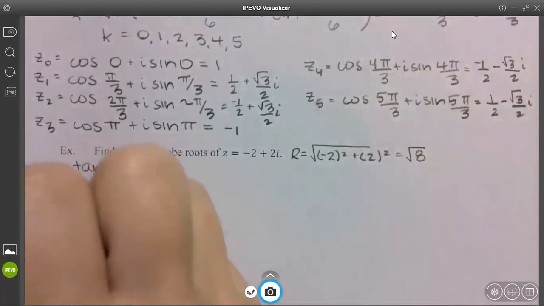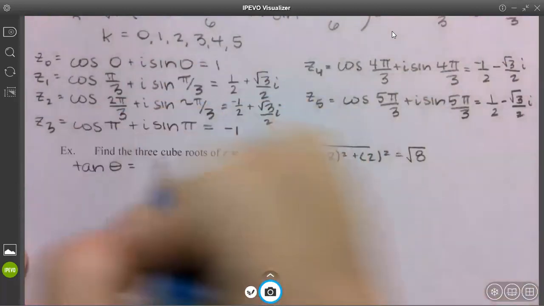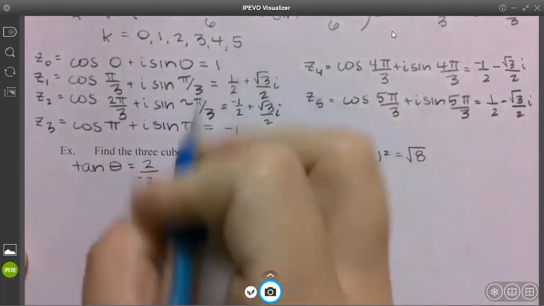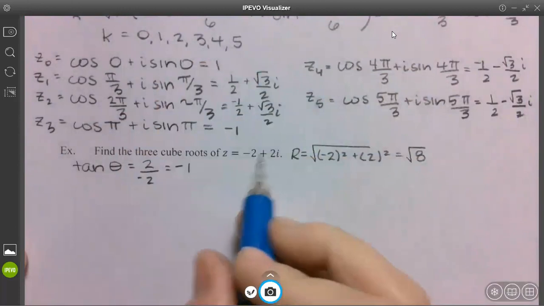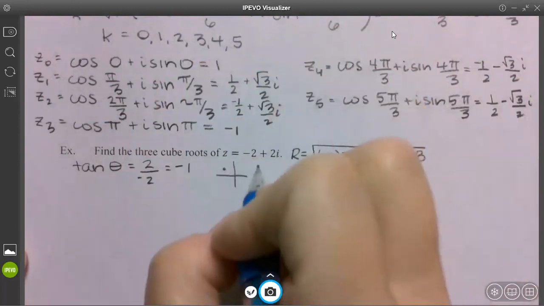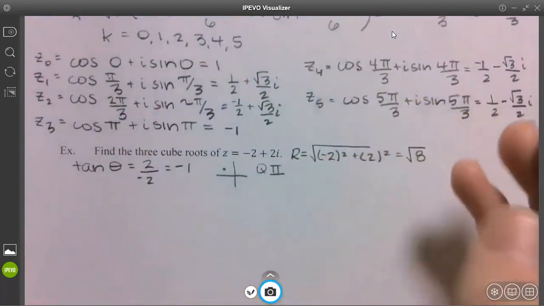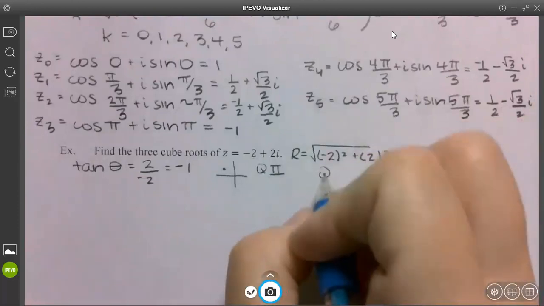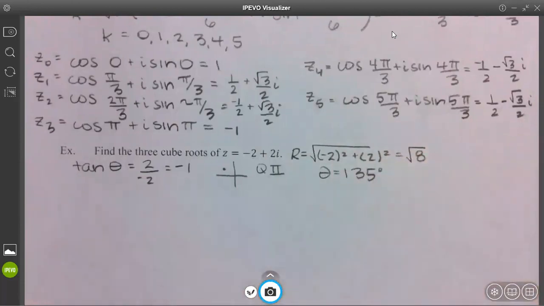We're going to look for our radian or degree, whichever one you want to do. We're just doing radians. B over A is negative 1. Negative 2, 2 is in quadrant 2. So our theta is equal to 135 degrees.